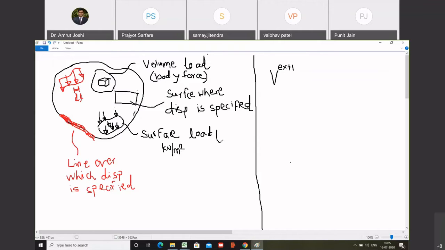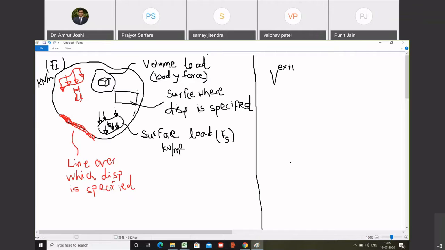This surface load we are going to call Fs. The line load we are going to call Fl, and it has units of kilonewton per meter or Newton per mm, whatever. Unit of force divided by unit of length.